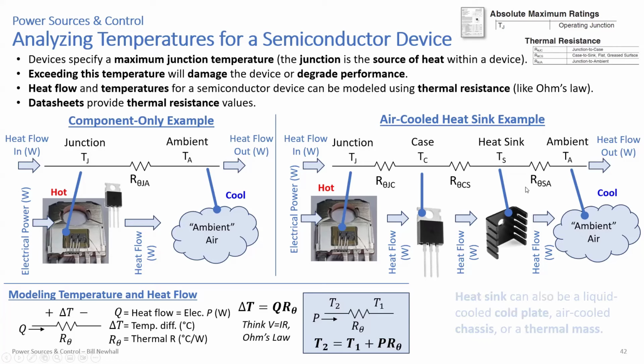Okay, but this heat sink can also be a liquid cooled cold plate. It can be an air cooled chassis. So instead of connecting to a separate heat sink inside a box, you might connect to the box itself and let maybe a metal box get warm and dissipate heat to the outside ambient air. It could be a thermal mass.